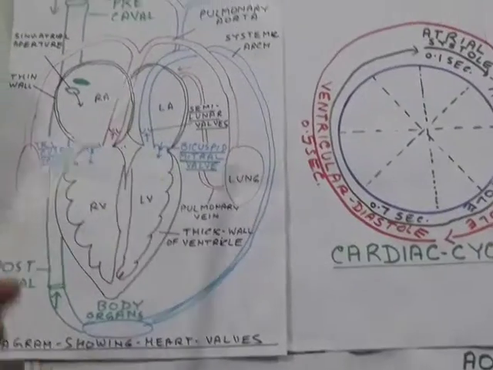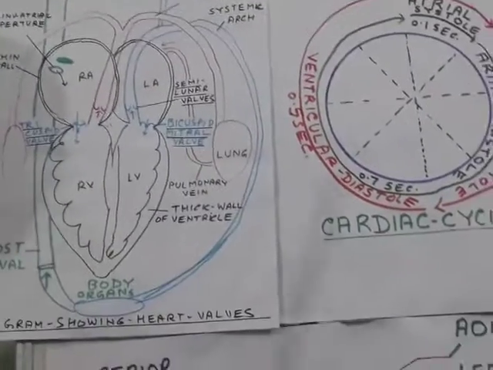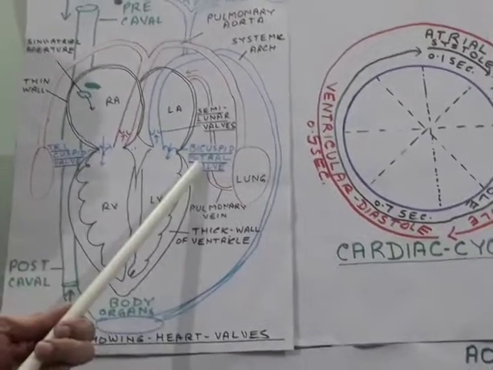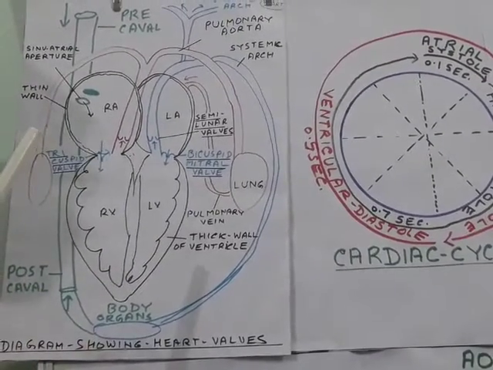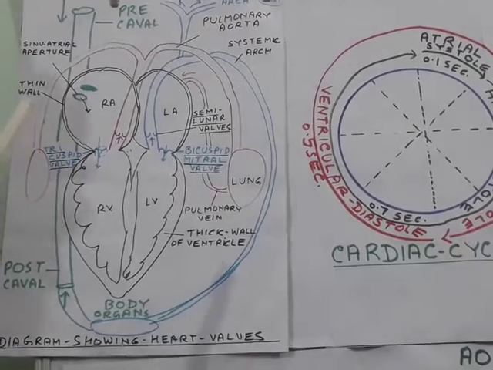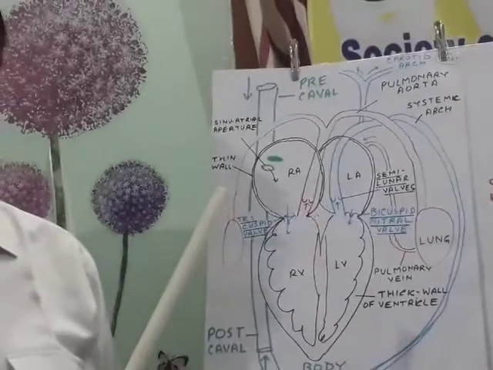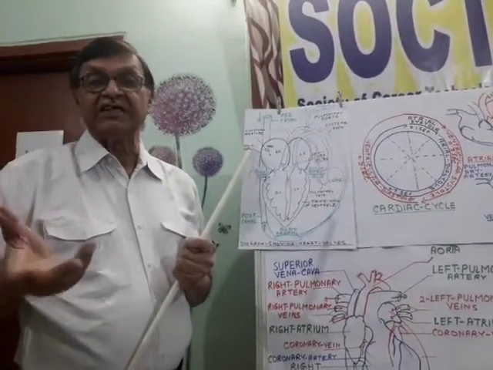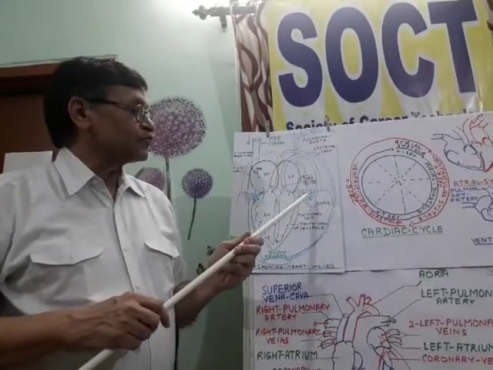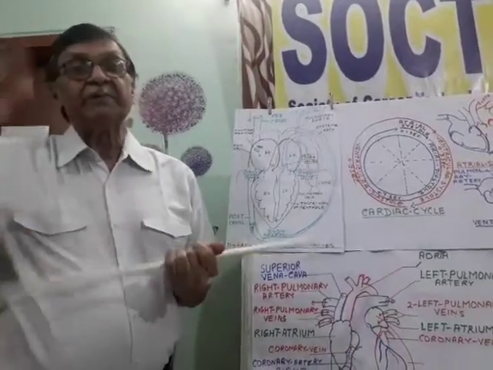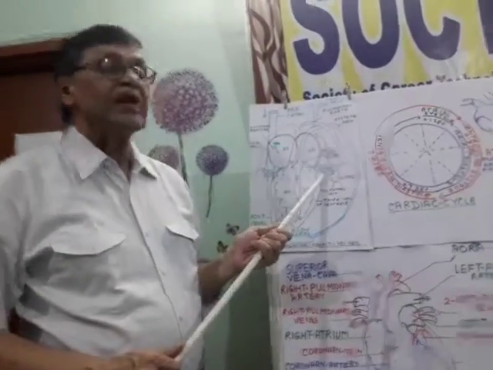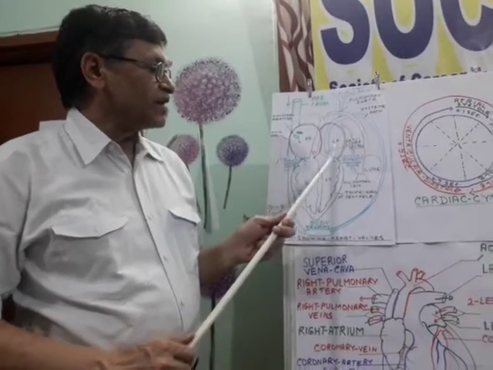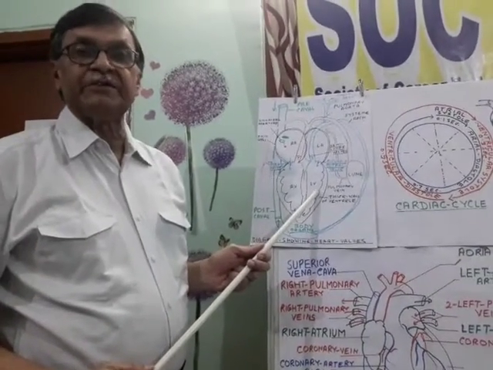It is made up of 2 flaps, so it is called the bicuspid valve. It is also called the mitral valve because it resembles the cap of archbishops, and that cap is called a mitre. Through this valve, blood comes into the ventricle.